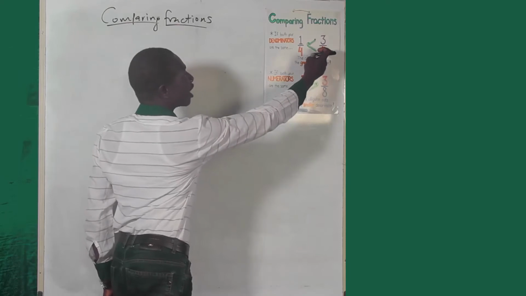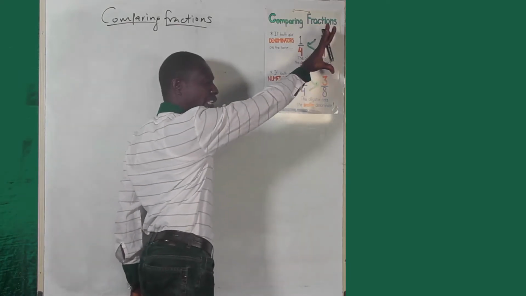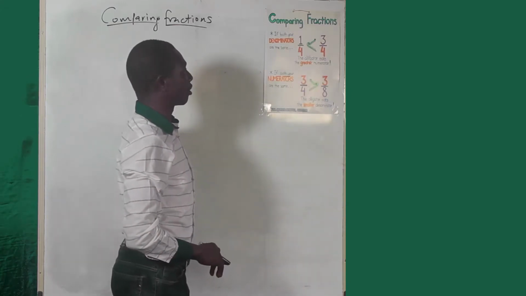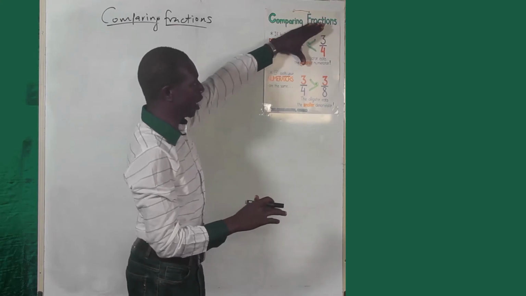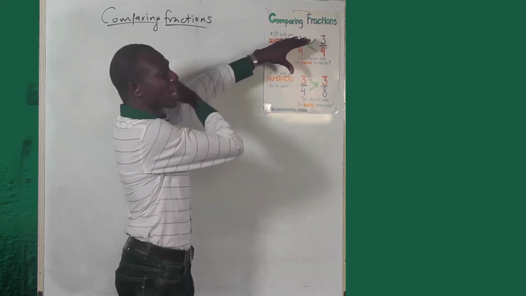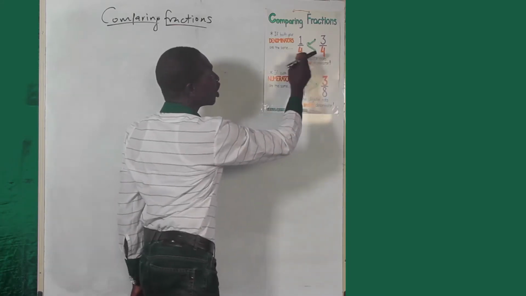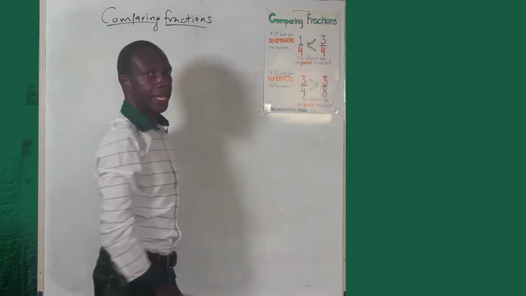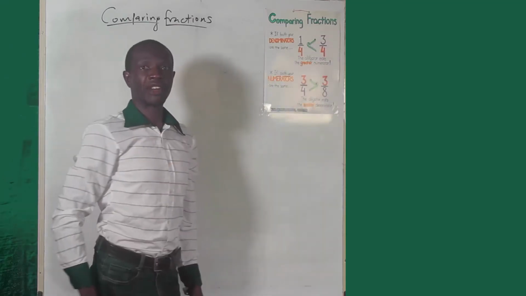This fraction here is greater than this fraction. So the alligator will face the bigger fraction. So greater than faces this way, while the other one at the other side is the less than. So this one, if the denominator is the same, the one with the bigger numerator is the greater fraction.